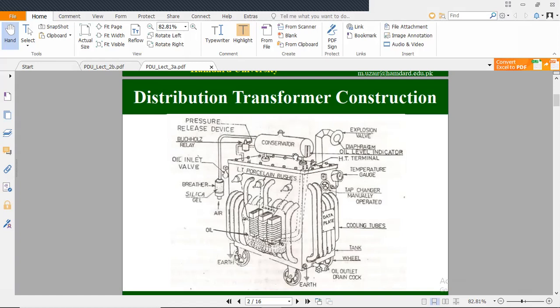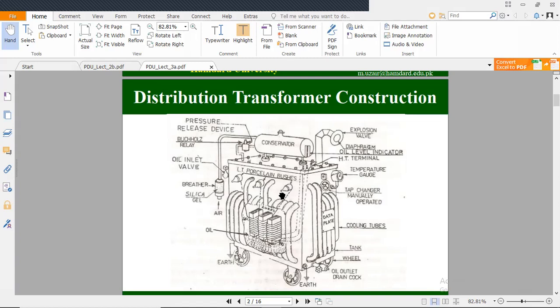This goes into the conservator oil, because if we do not use a silica gel section here, moisture would get inside the conservator tank in which the oil is immersed.